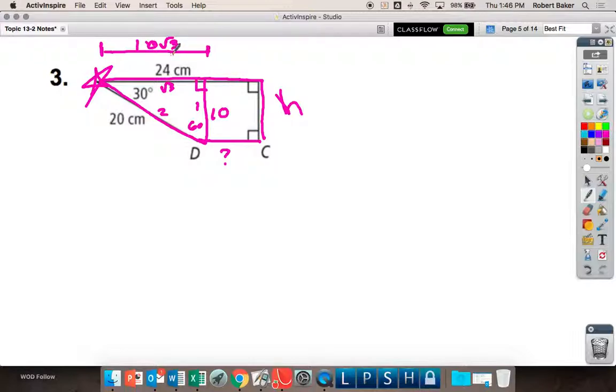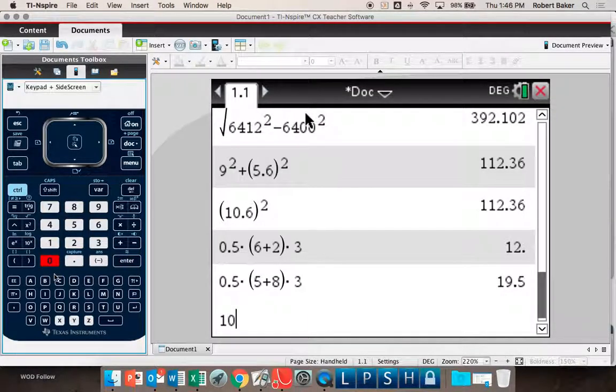Right? The whole top is 24. But this one piece right here is 10 square roots of 3. So I should be able to figure out how long this piece is. I'm just going to do 24 minus that 10 square roots of 3 number.